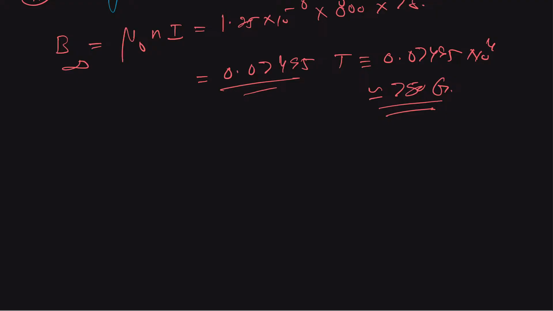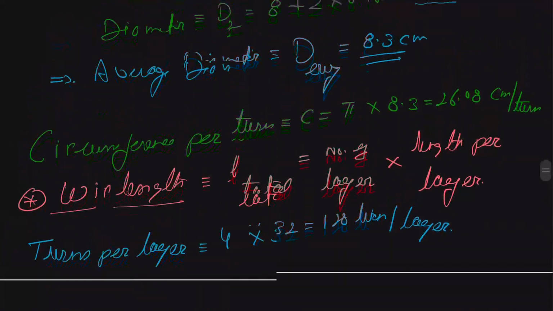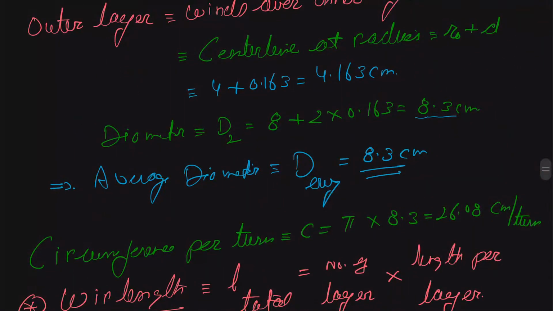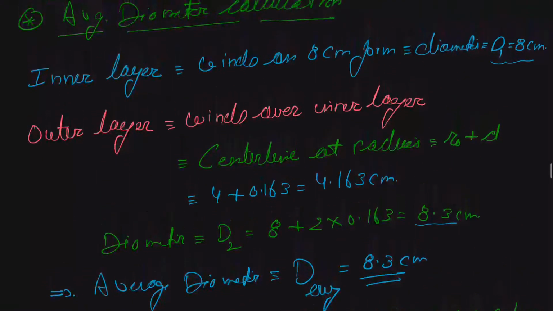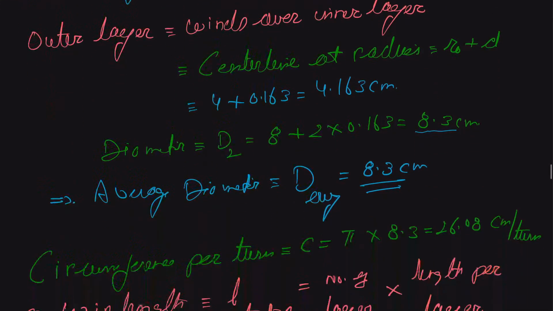Okay. Here the only minor discrepancy is that the question language is not clear basically. Because we have two layers, and inner is 8 centimeter diameter and outer is close to 8.3 centimeter, so we took the average as 8.3. Normally the question should have clearly mentioned what value of diameter, or they should have given some hint.